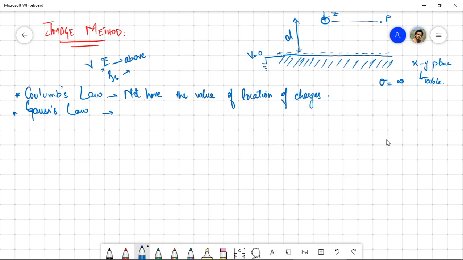For Gauss's law, the main requirement was that we needed to think of a surface that encloses all the charges we're talking about, in such a way that the electric field lines should always be perpendicular to that imaginary surface, the Gaussian surface.